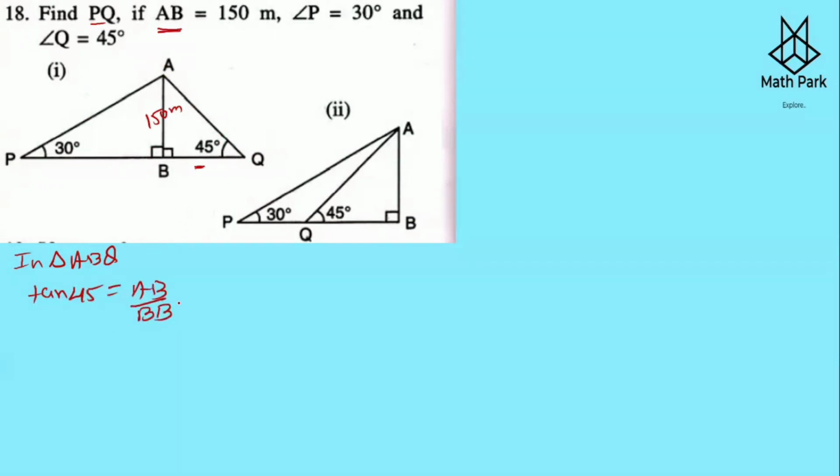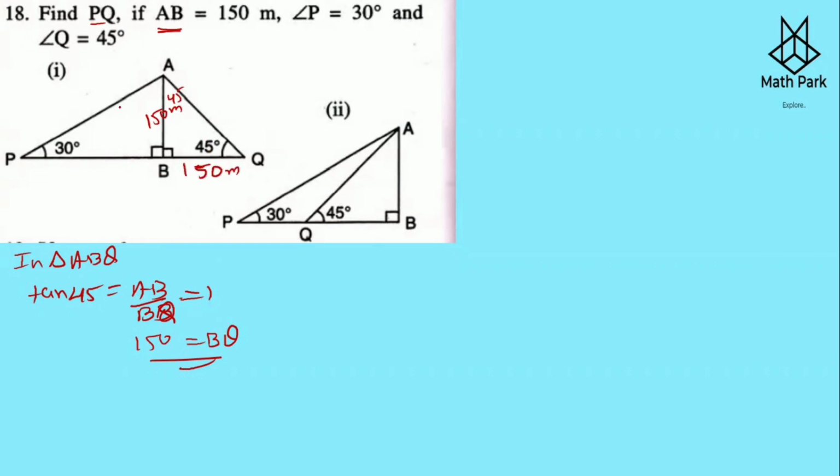So tan 45 is 1 and AB is 150, so BQ is equal to 150. Remember, if it is a right angle and one angle is 45, this is going to be isosceles. This is how we got 150 meter as BQ.